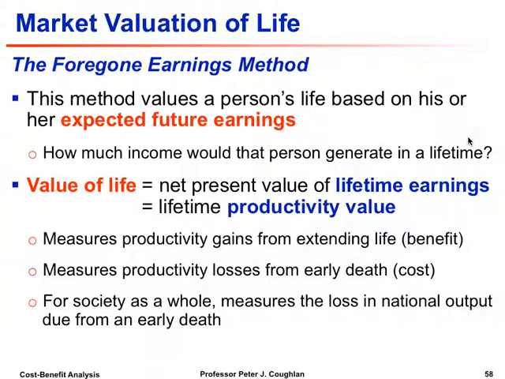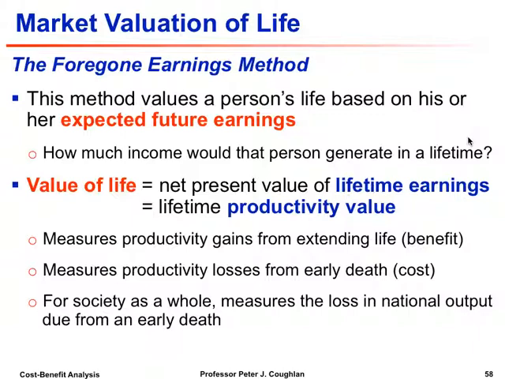If you earn $100,000 per year, that means you bring $100,000 in benefit to society, or to a business, or whatever. The benefit of your work time is that $100,000 per year, right? So this measures the productivity gains from extending life or avoiding death, based on your contribution to national output, if you will.